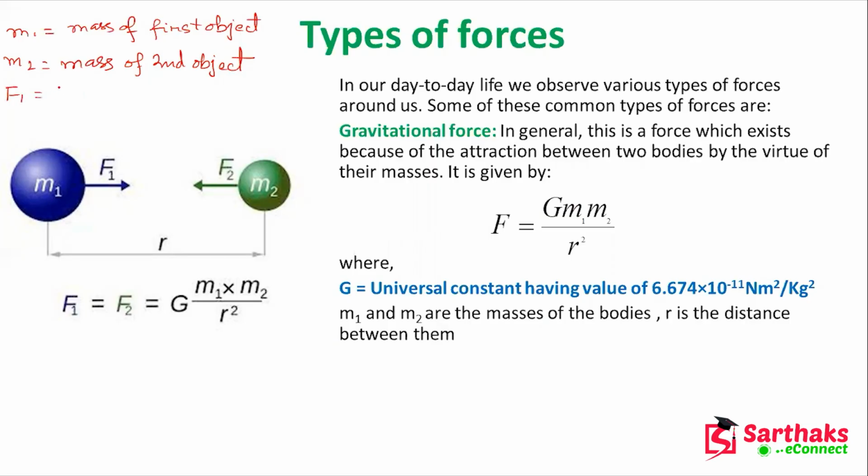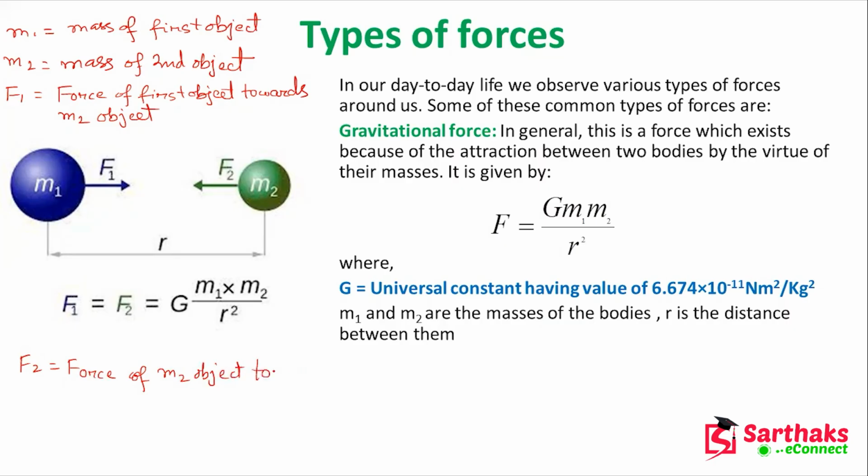F1 is the force of the first object towards the M2 object, and F2 is the force of the second M2 object, the force applied by the M2 object to our M1 object, right?